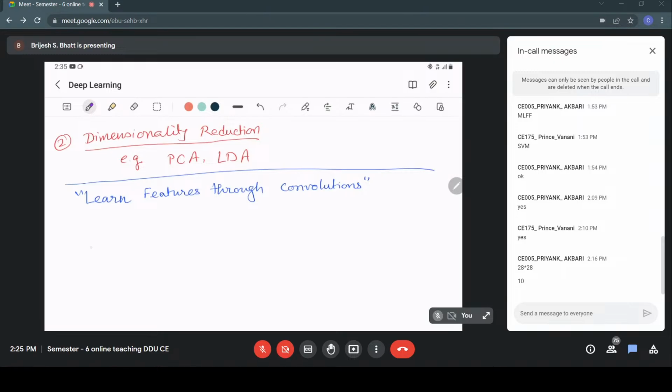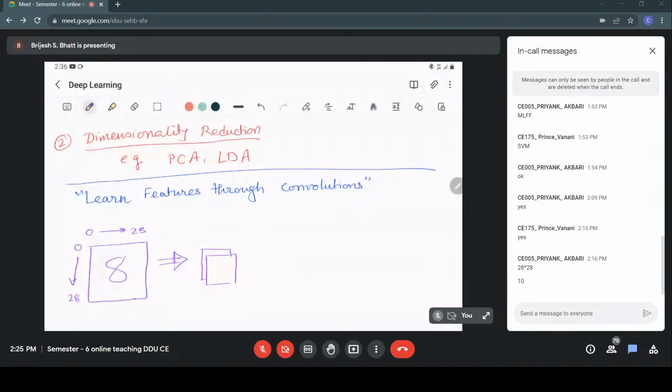So you give again the input data point, the number 8 that we are talking about. The input data point first goes through such a bunch of filters, which we call convolutional filters, which is known as the convolutional layer.